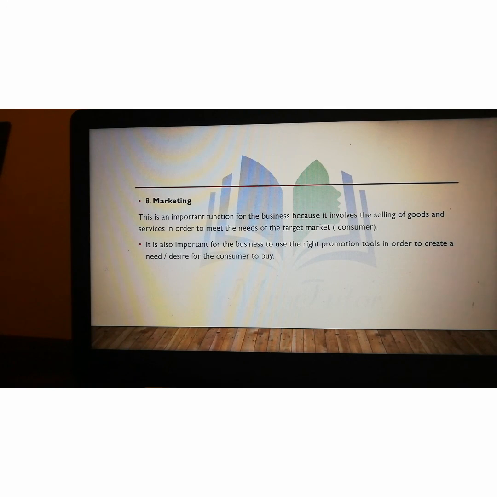So marketing is an important function for the business because it involves the selling of goods and services in order to meet the needs of the target market, which is the consumer. I'll use Spar again. I hardly see their adverts, but Spar ensures they have a social media page: Facebook, Instagram, Twitter. They have an active email address where customers will be able to send in their feedback.